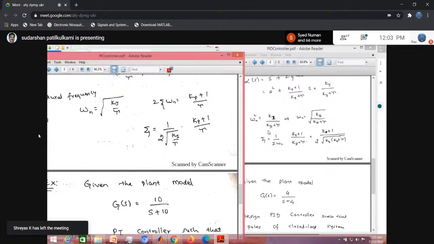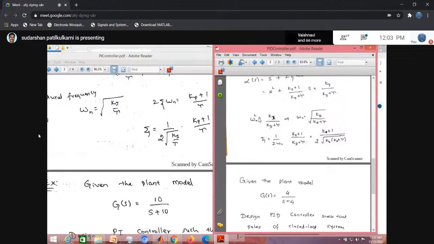If you set Kd equal to 0, it should match the results from the PI controller. We will check with a numerical example.